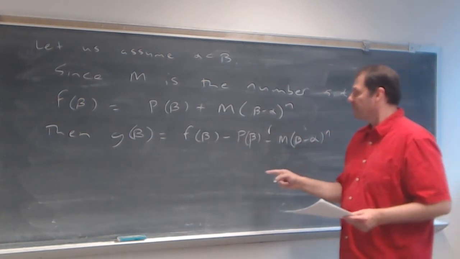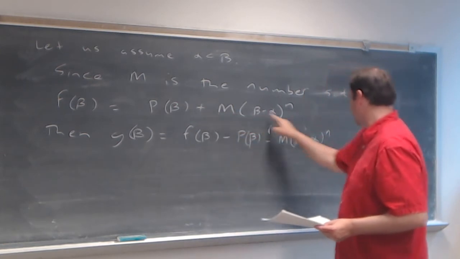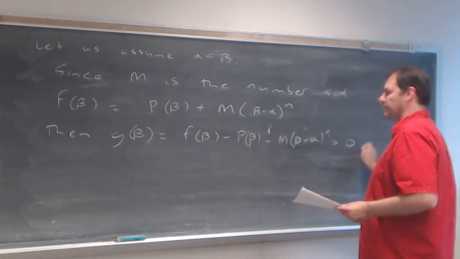Okay? And so here, this f of beta is exactly this, and so we get 0.